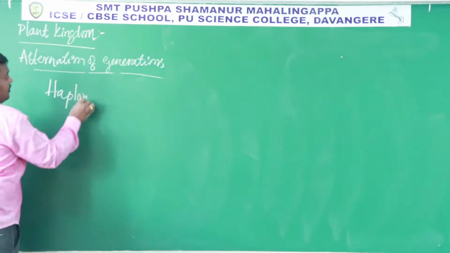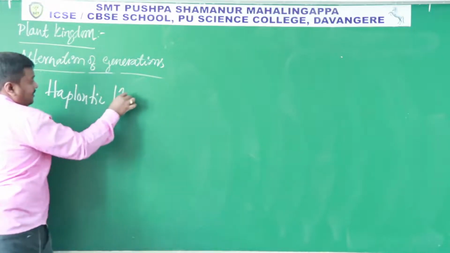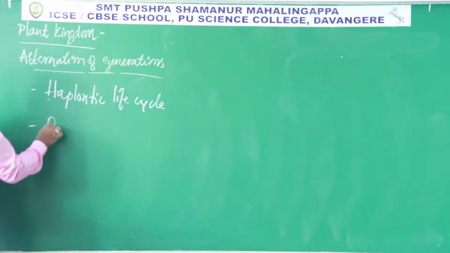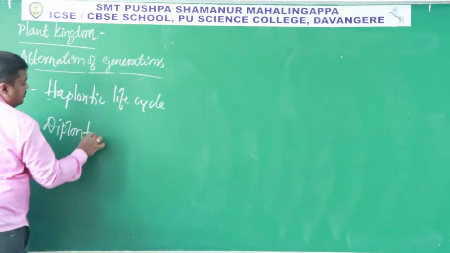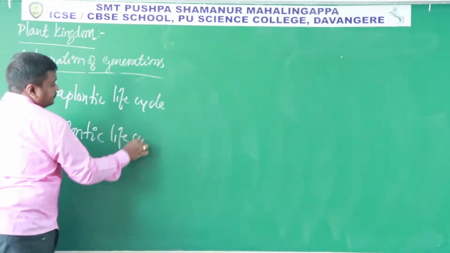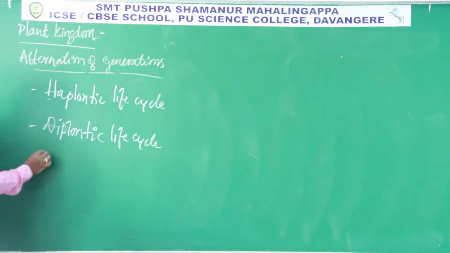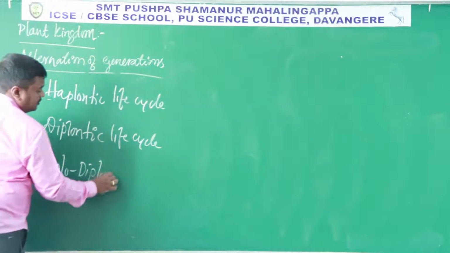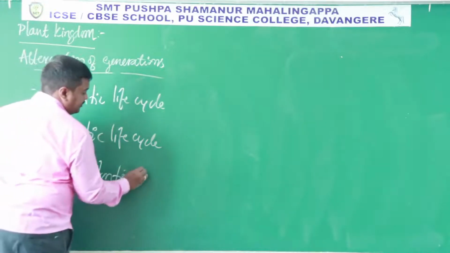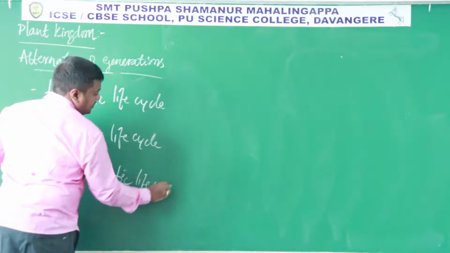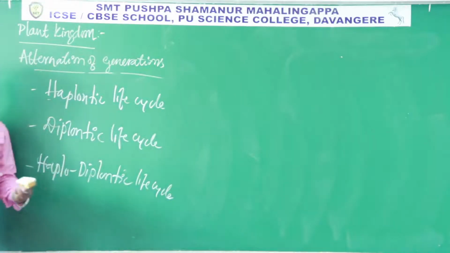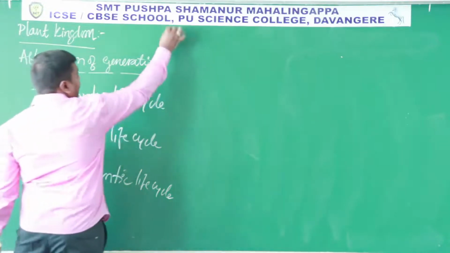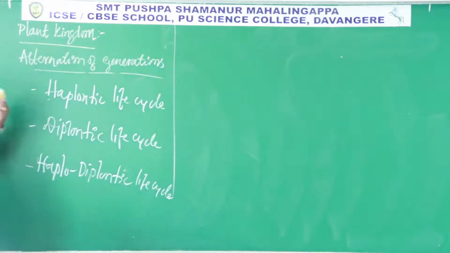There is a cycle called haplontic life cycle, another one is diplontic life cycle, and the last one is haplodiplontic life cycle. Sometimes a few plants show a diplohaplontic life cycle. So three types of life cycles are there in alternation of generation.